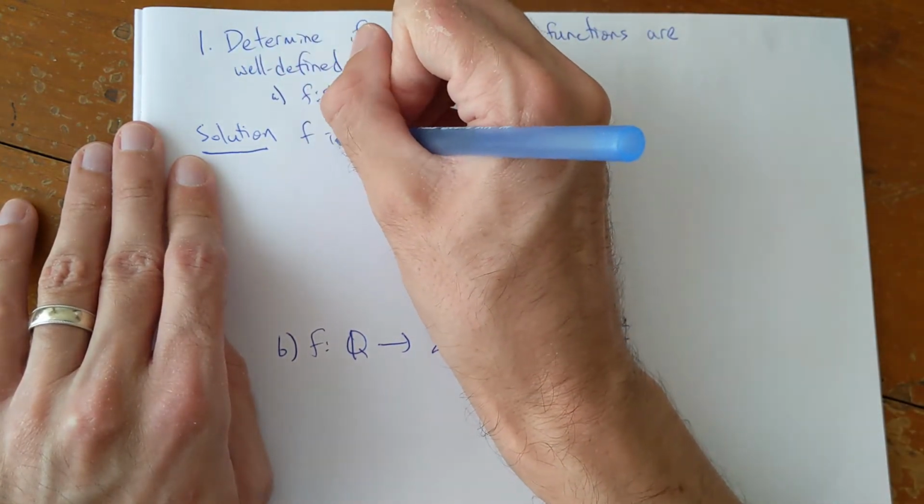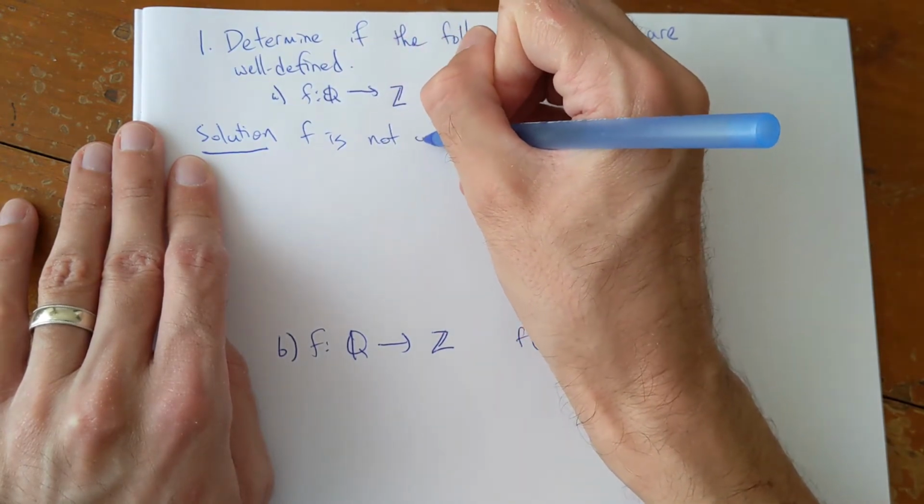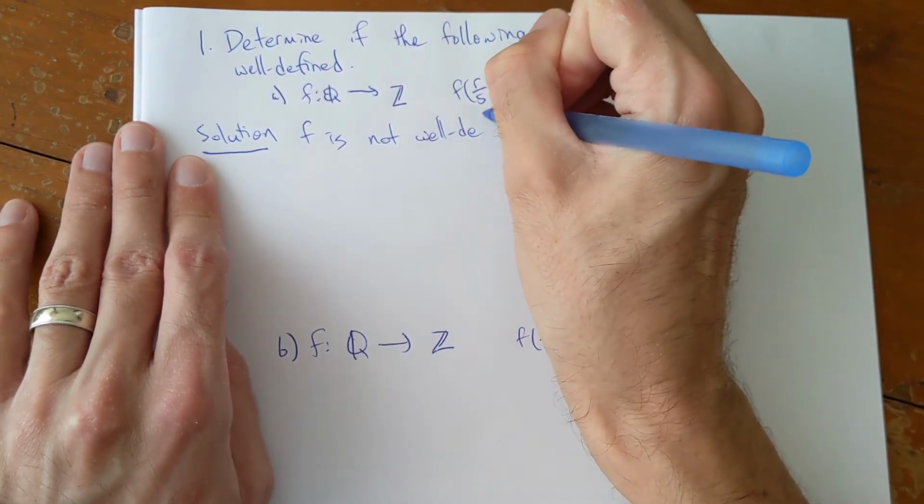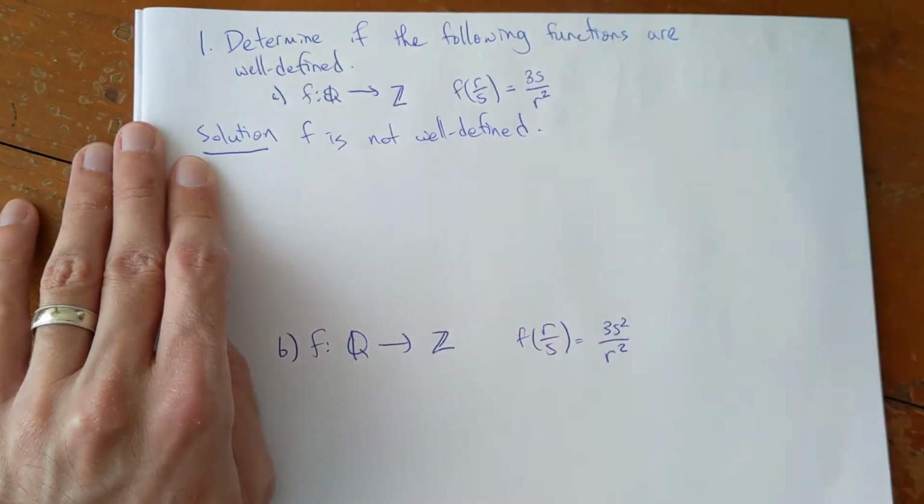So I can say f is not well defined. Actually, I guess for 3 different reasons.